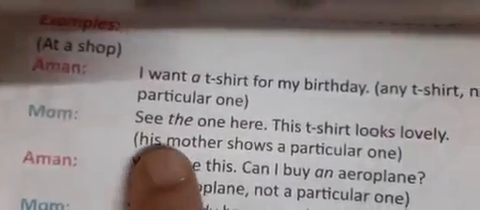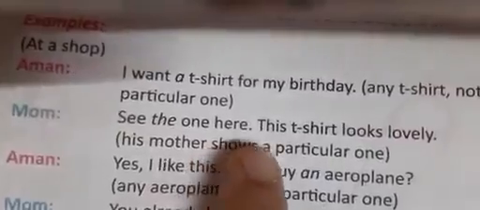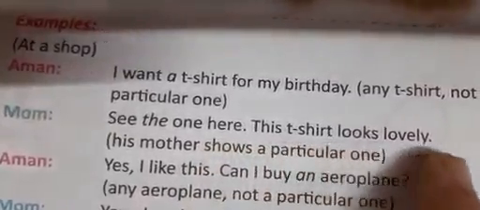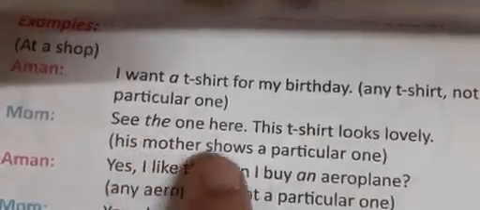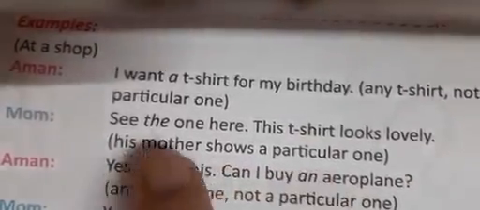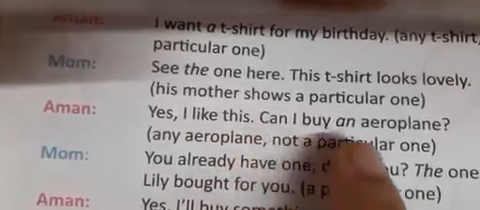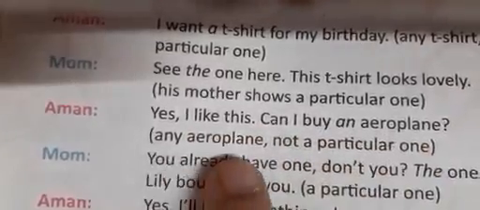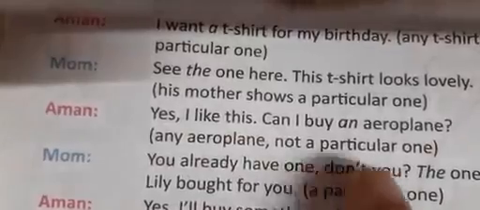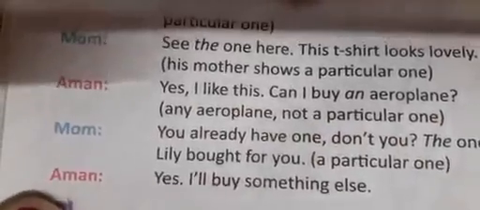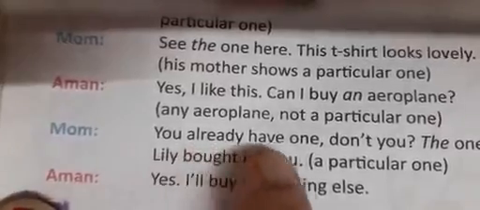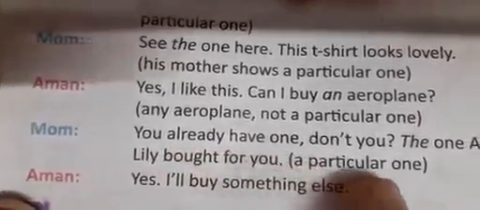Mom: See the one here. This t-shirt looks lovely. The. His mother shows a particular one, that's why we are using the. Aman: Yes, I like this. Can I buy an aeroplane? Any aeroplane, not a particular one. That's why we are using an. Mom: No, you already have one. Don't you?